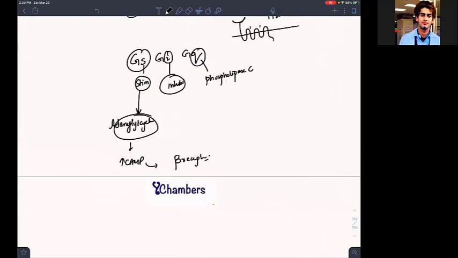Once we remember that GS is increasing the cAMP, you can remember very naturally that beta 1 should increase the cAMP because beta 1 works by GS. If I say beta 2 works by GS, I should say beta 2 increases the cAMP. If I say D1 increases the cAMP, I should say it works by GS.